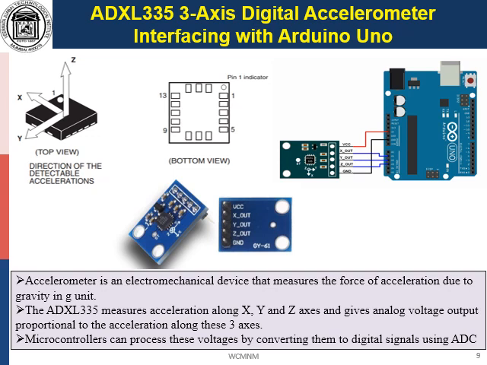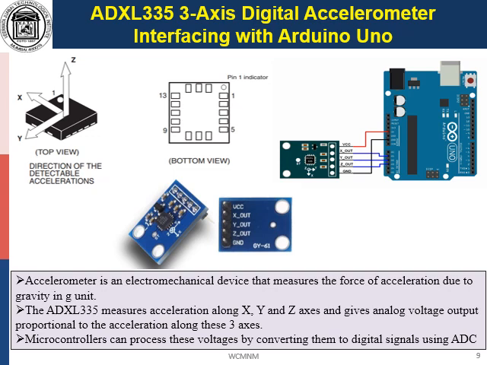To measure vibrations of the cutting tool during machining, a triaxial accelerometer was mounted on the cutting tool holder, which in turn was connected to a data acquisition system. Basically, an accelerometer is an electromechanical sensor which calculates the forces of acceleration due to gravity in G units, that is gravitational constant G, where 1G is 9.81 meter per second square.